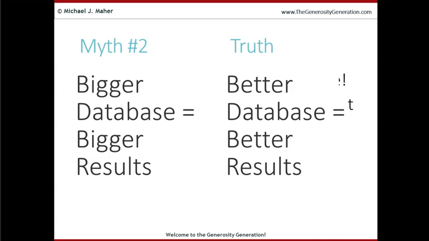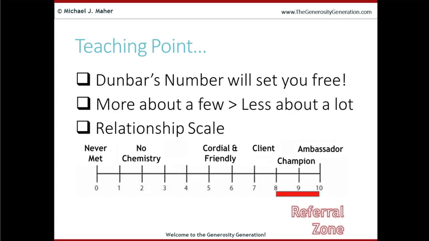So what are the teaching points around that? You want a 1-degree tweak that will make you successful, make you breathe freely, and let you sleep well at night, right? Dunbar's number is 150. Professor Robin Dunbar has done a lot of studies on community, relationships, and the size of our neocortex, which is essentially the part of the brain that makes us human.